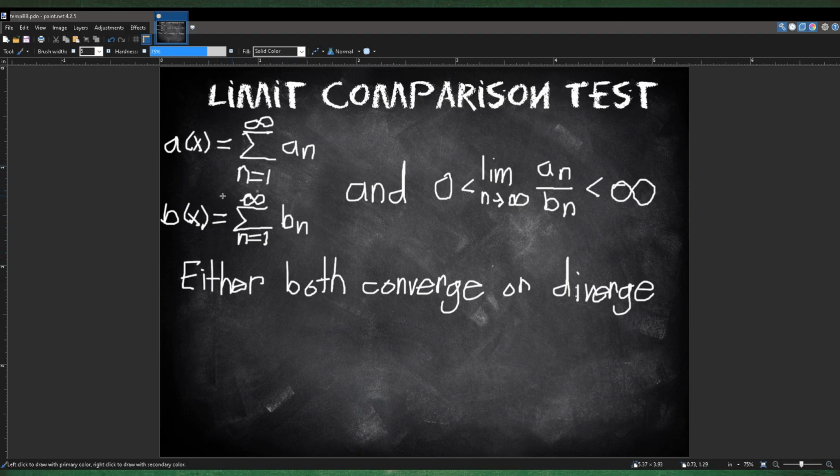It's the same thing as the comparison test, but now instead of comparing two equations, we're going to divide them. We divide the first sequence by the second sequence, and then take a limit of that. If the limit is a number between 0 and infinity, then either both sequences converge or both of them diverge.